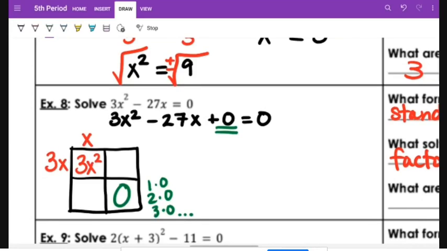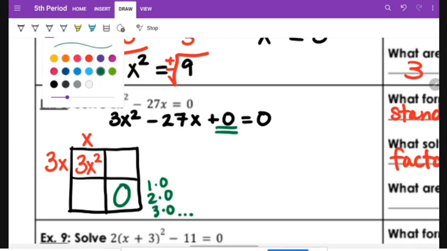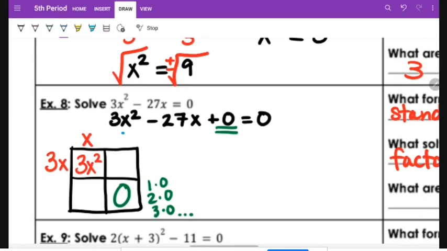So one of our numbers will automatically be 0. So let's just say it's this one. That would give us a 0x right here. What number would I put in this blank so that I end up with a negative 27x? Just negative 27. So I put a negative 27 right here. So I get a negative 27x in this spot.